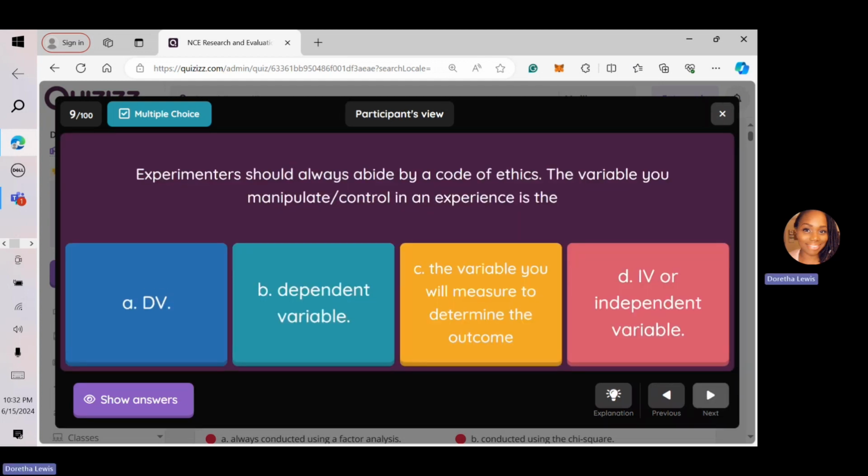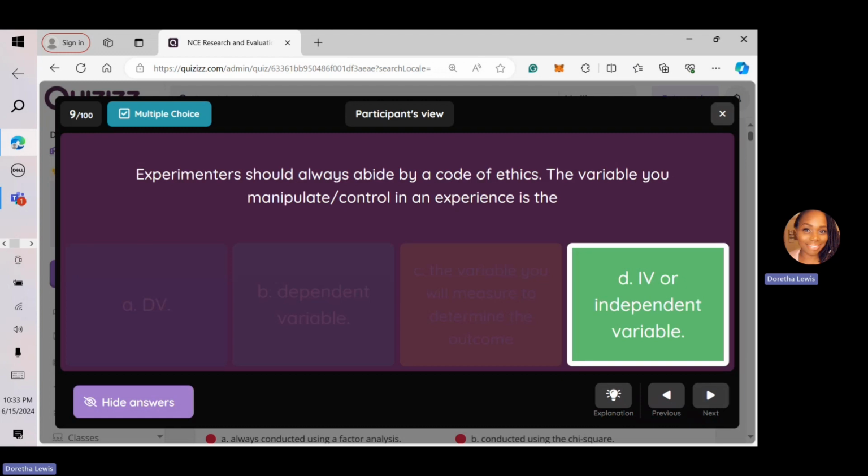Experimenters should always abide by a code of ethics. The variable you manipulate and control in an experiment is called the A, dependent variable, B, the variable you will measure to determine the outcome, or D, independent variable or IV for short.